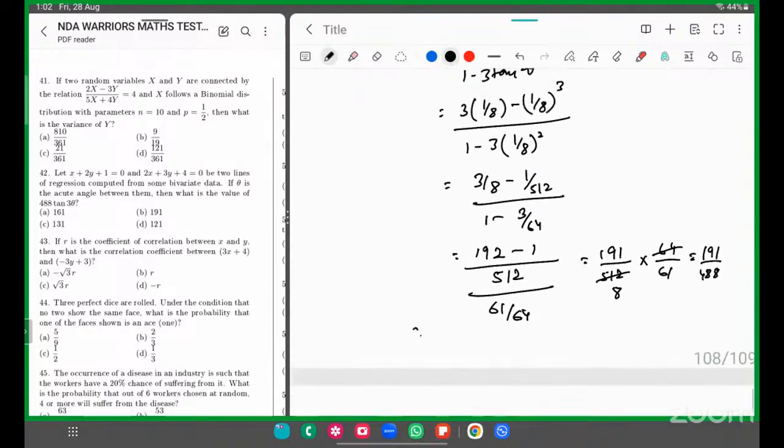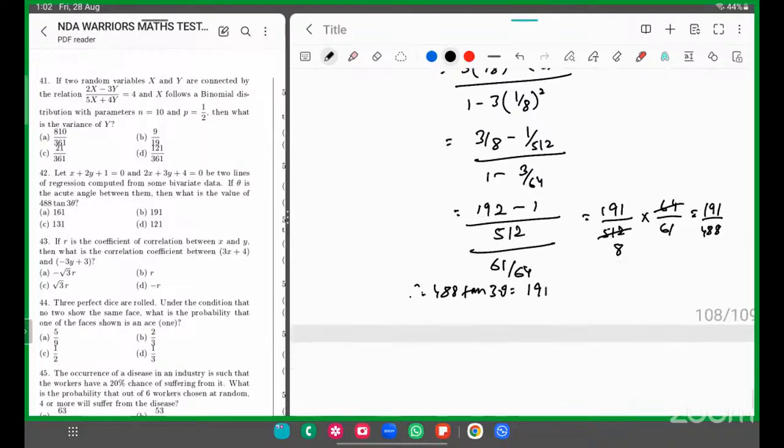So therefore I can say that 488 into tan 3 theta is equal to 191. So option number D. You can tick option number D.